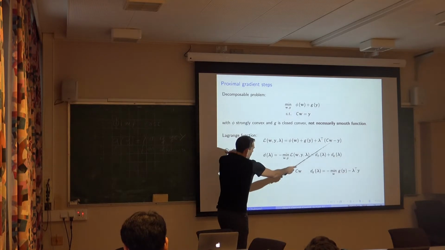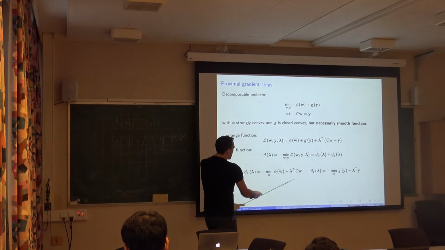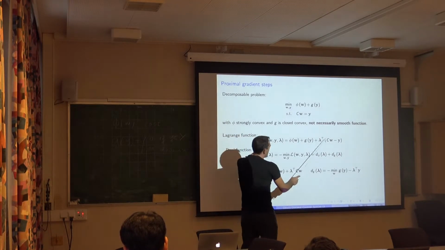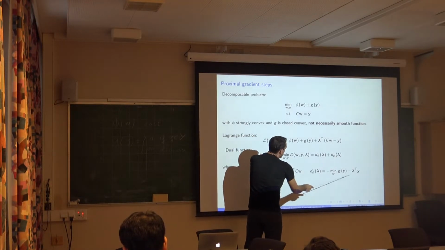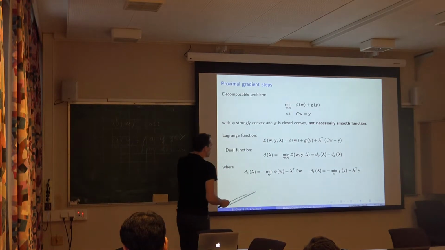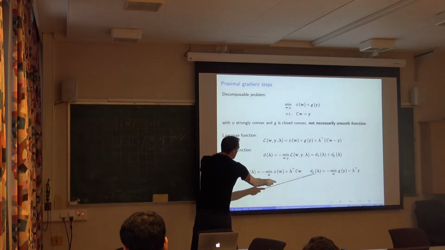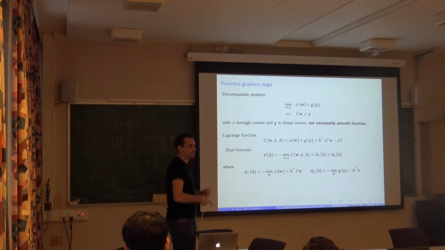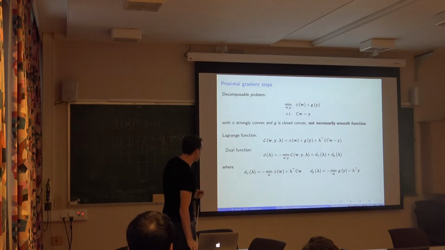So you have the lambda transpose Cw part that builds one dual problem, and the g, lambda transpose y part that builds a second dual problem. So when you do this, you can split between minimizing that part and that part, right? That's the splitting in some sense.